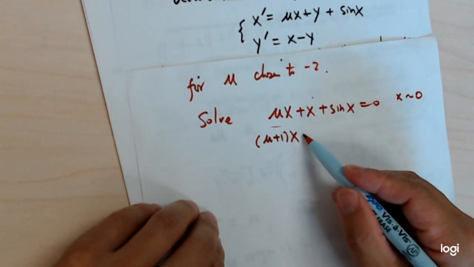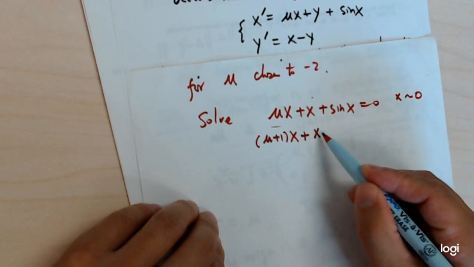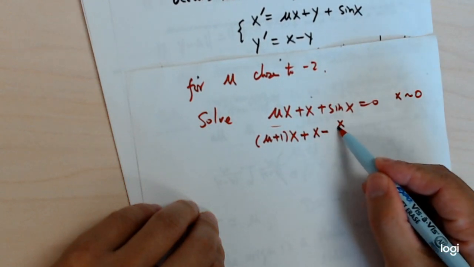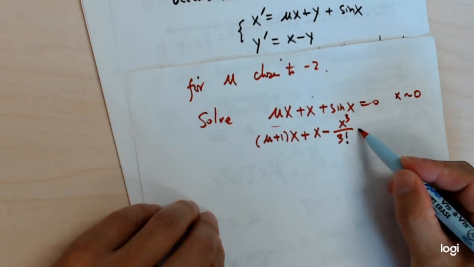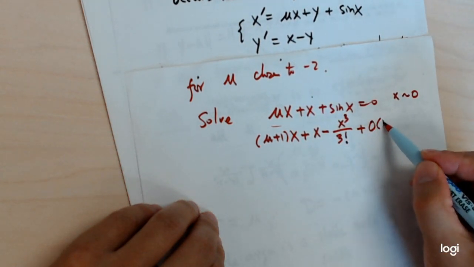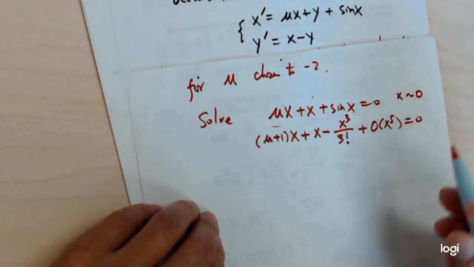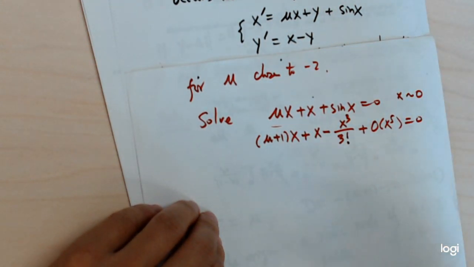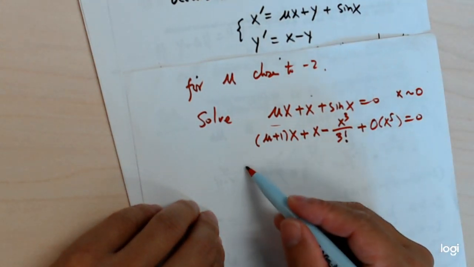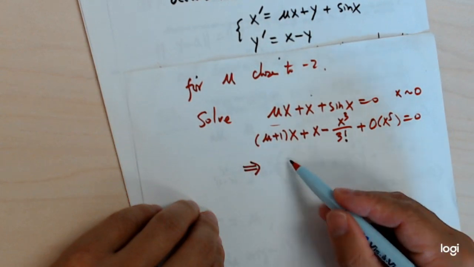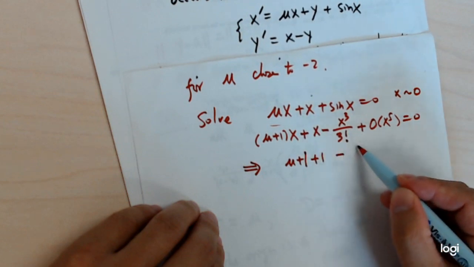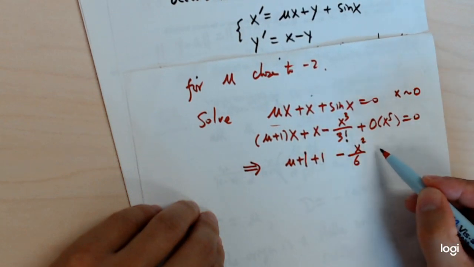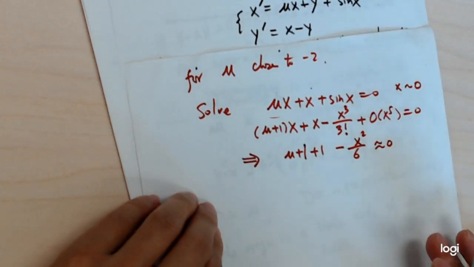And sine x, as we know, can be expanded by Maclaurin series, plus some higher order term of x to the power 5, equal to 0. So this is mu plus 1 plus another one, a minus x squared over 6, that will be approximately equal to 0.